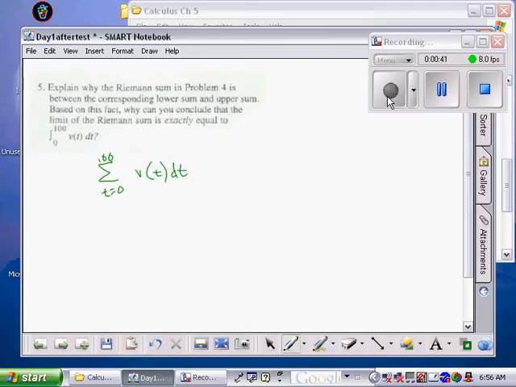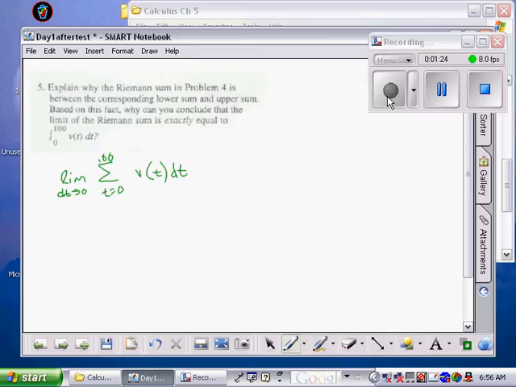If I put a limit out in front of this, it could be dt approaching 0. Let's do that since we have a dt in there. In other words, I'm saying that the width of my rectangles is getting teeny, teeny, tiny. Do you remember the definition of our definite integral that had this symbolism in it?